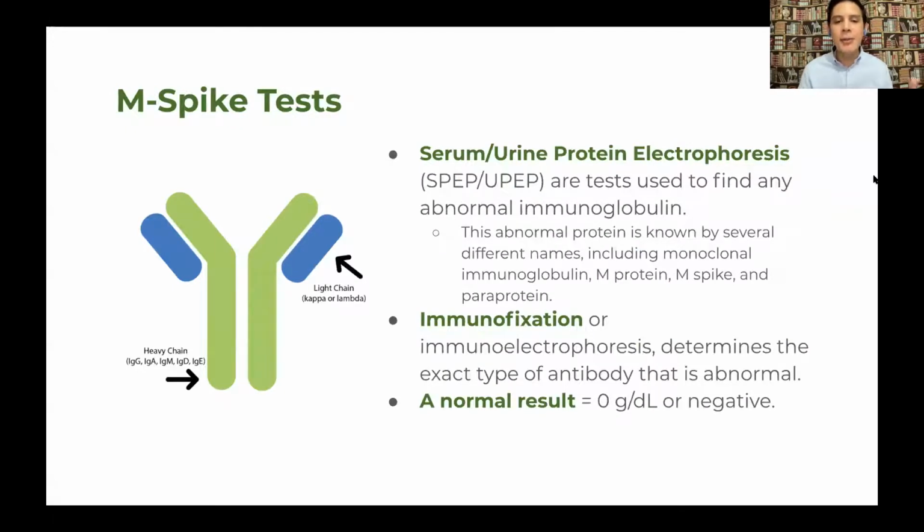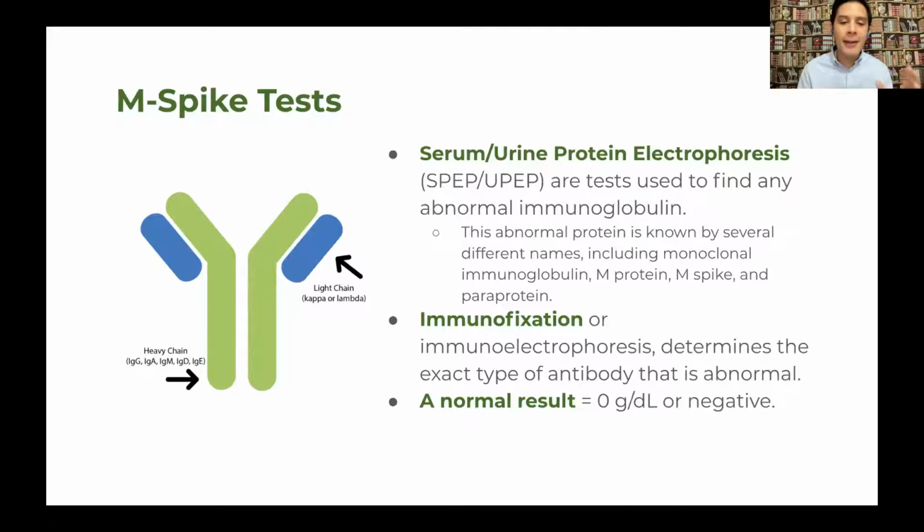The test used to measure this protein is called protein electrophoresis. It can be done in the blood or in the urine, although the one in the urine is only being used at diagnosis and to confirm a remission, as it has been displaced by the light chain test that Patty will explain later. This monoclonal protein can be reported with multiple names, like M protein, M spike, abnormal band, paraprotein, and many other names.